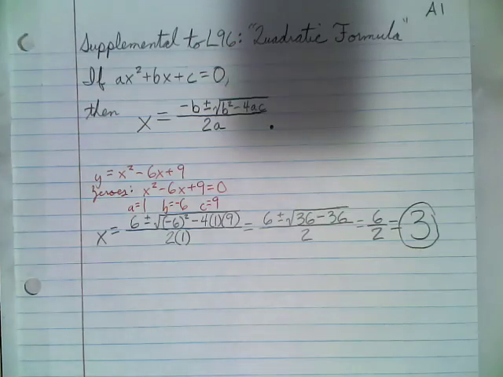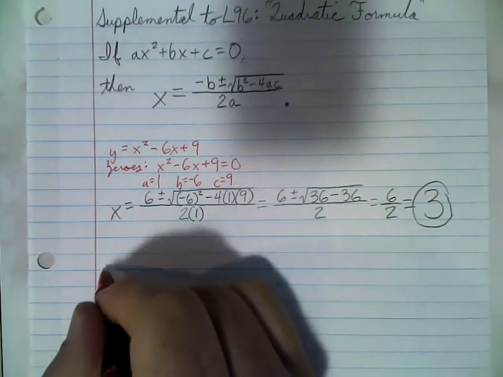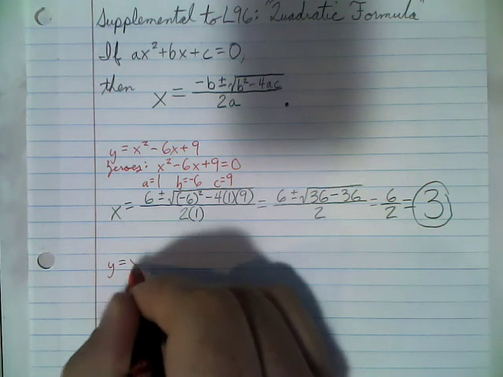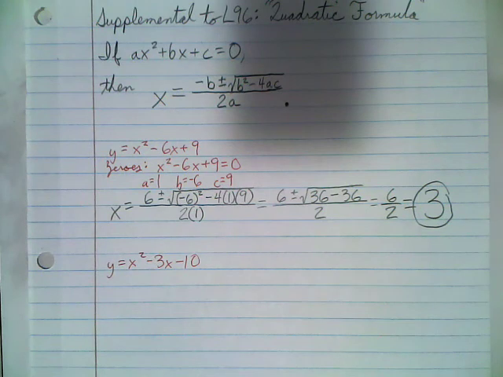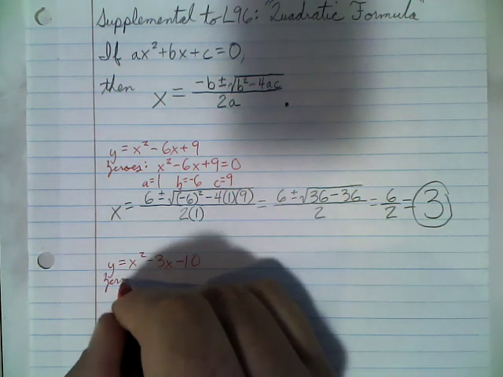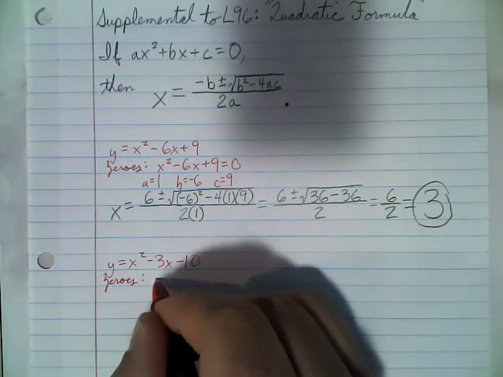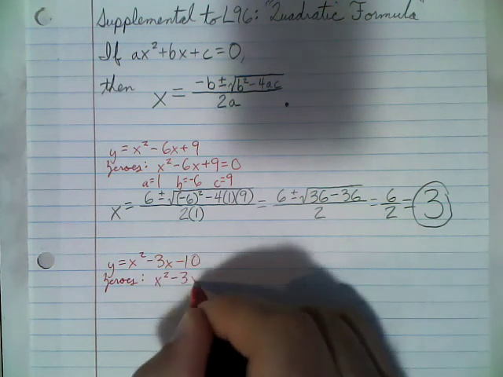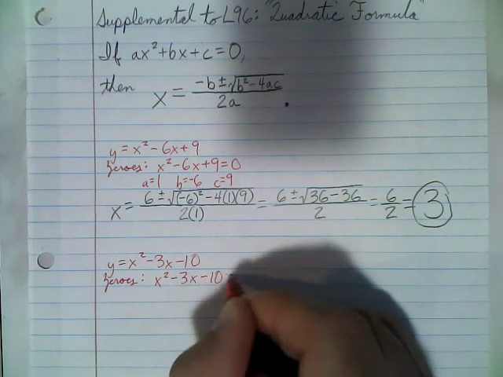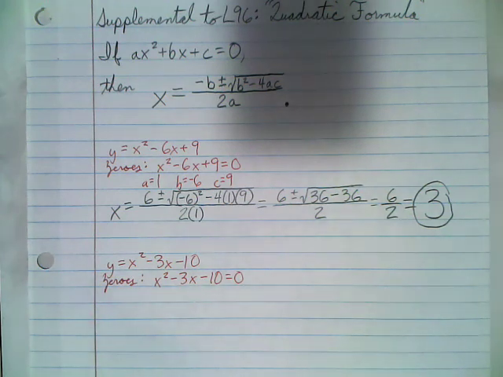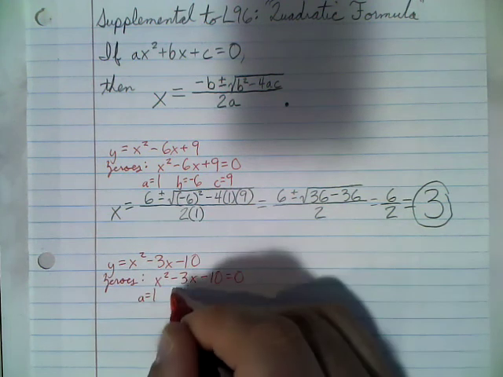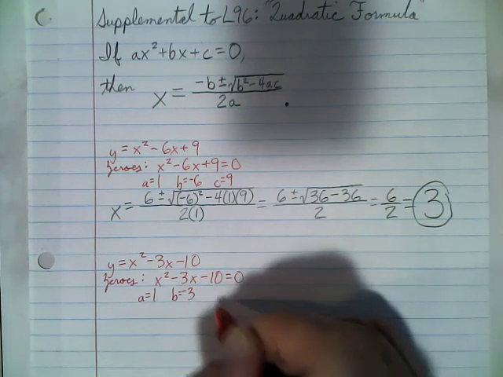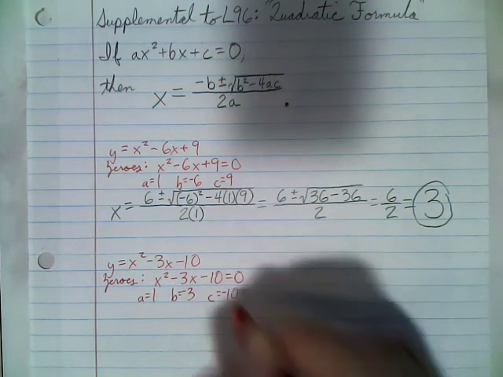Let's take a look at another example. This time, let's say you were given the equation y equals x squared minus 3x minus 10. So then to find the zeros, we're going to solve the equation x squared minus 3x minus 10 equals 0. Thinking this through real quick. So a is 1 here, b is a negative 3, and c is a negative 10.